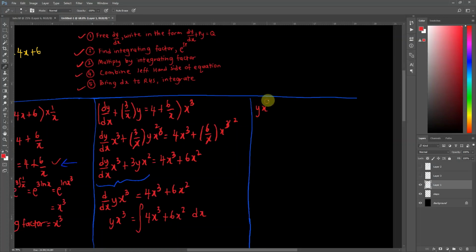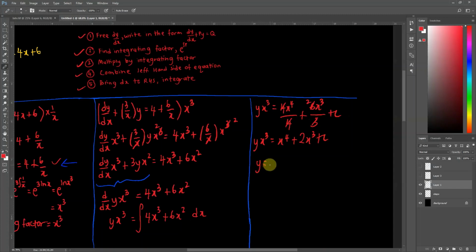Kita akan dapat yx cube equals to, integrate ni dapat apa? Integrate 4x cube is 4x to the power of 4 over 4 plus integrate 6x square is 6x cube over 3 plus c. Ini boleh cancel, ini boleh tinggal jadi 2. So it's yx cube equals to x to the power of 4 plus 2x cube plus c.